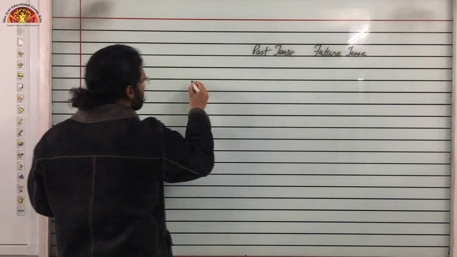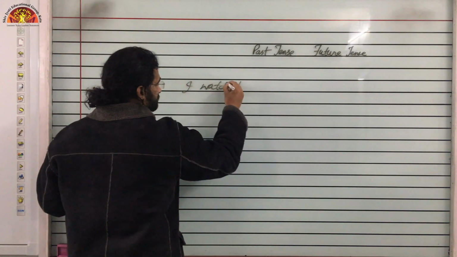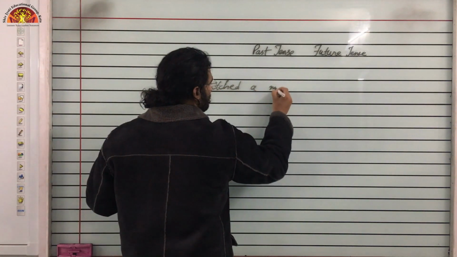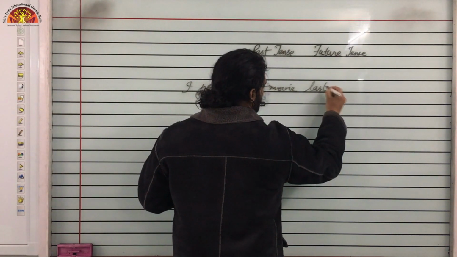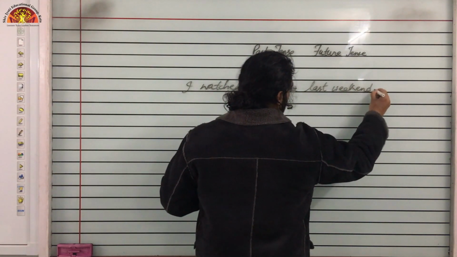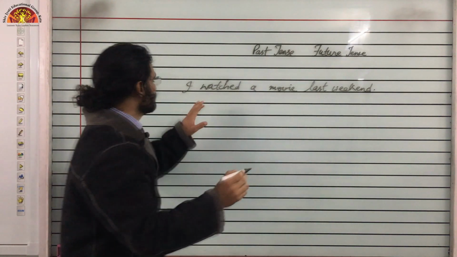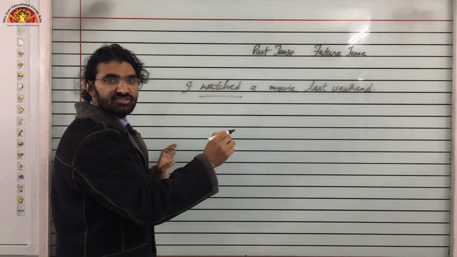So I'm going to write an example for you here. I watched a movie last weekend. Here, do you see this form of verb, watched? This belongs to past tense.